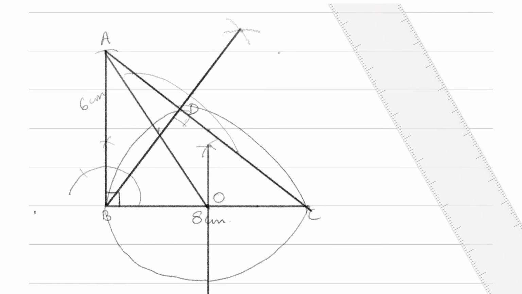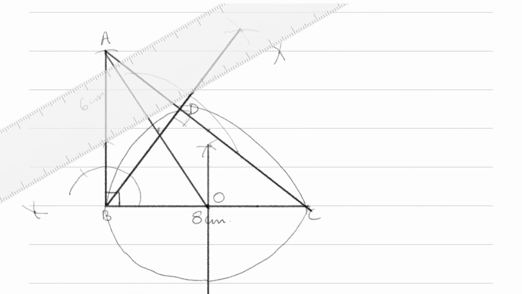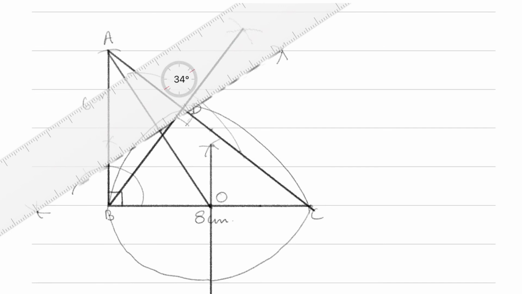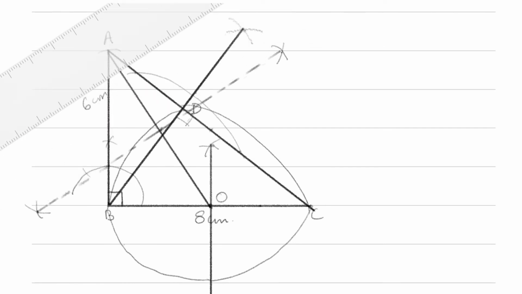So from O, one arc on this side and one arc on the other side. From A, one arc on this side and that side. So let's join this. So this is the perpendicular bisector.